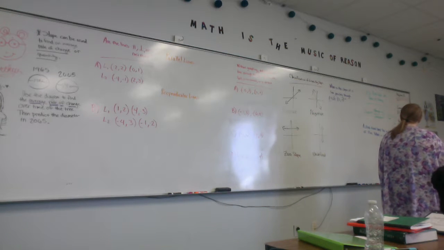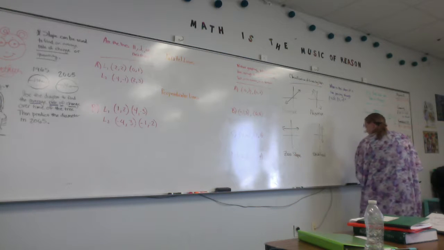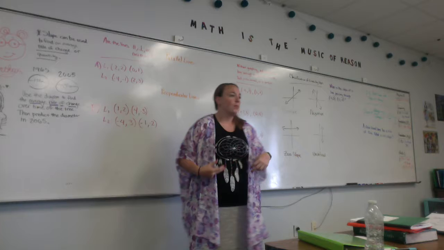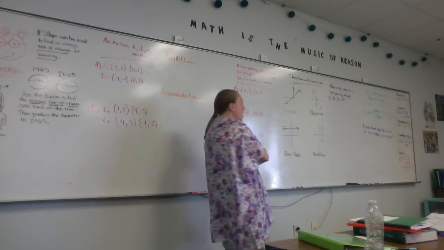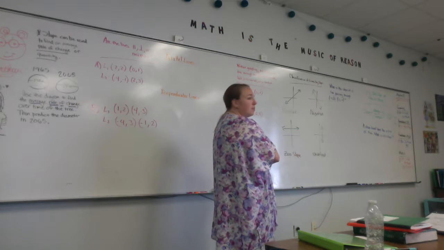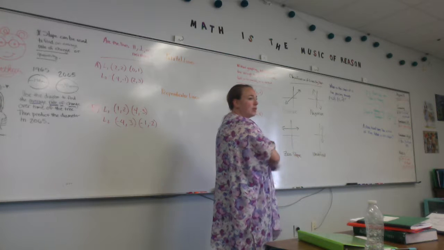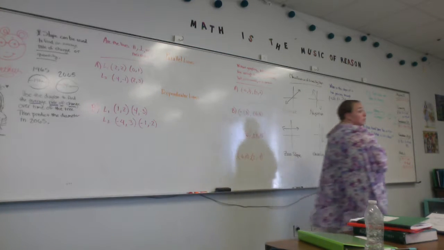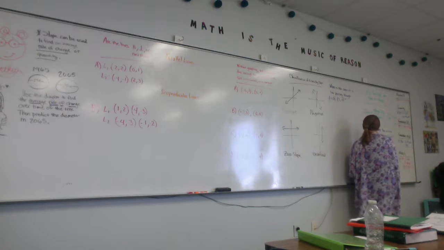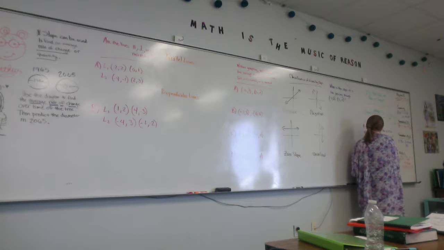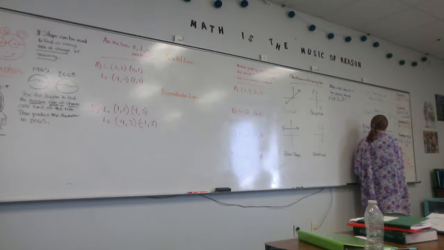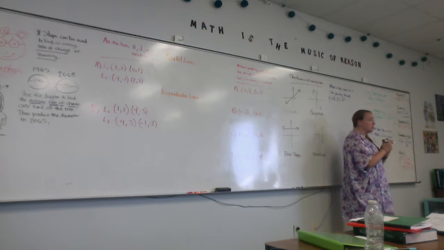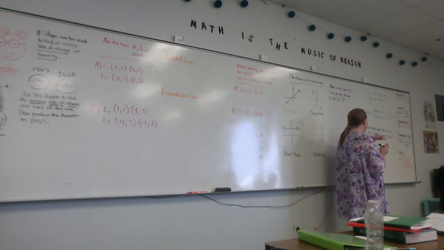How can I set up an equation for that? 15 over x. Good idea. Slope equals 15 over x because I know what my rise is, but I don't know what my run is yet, correct?